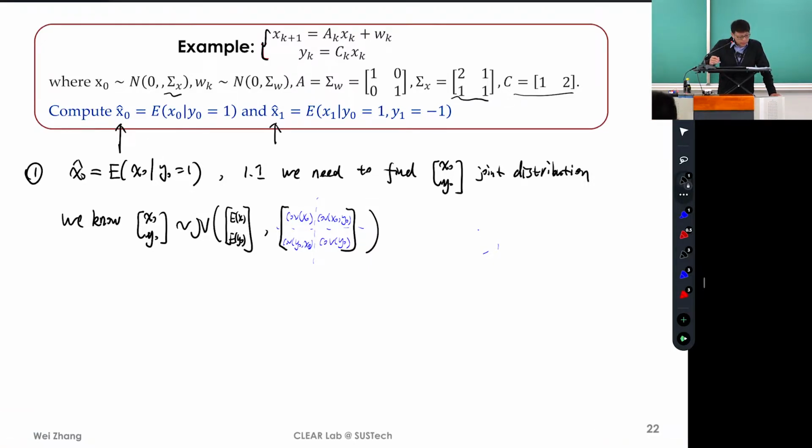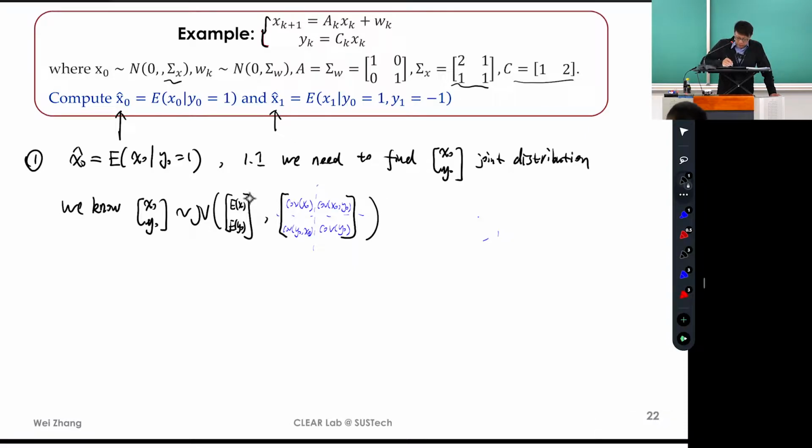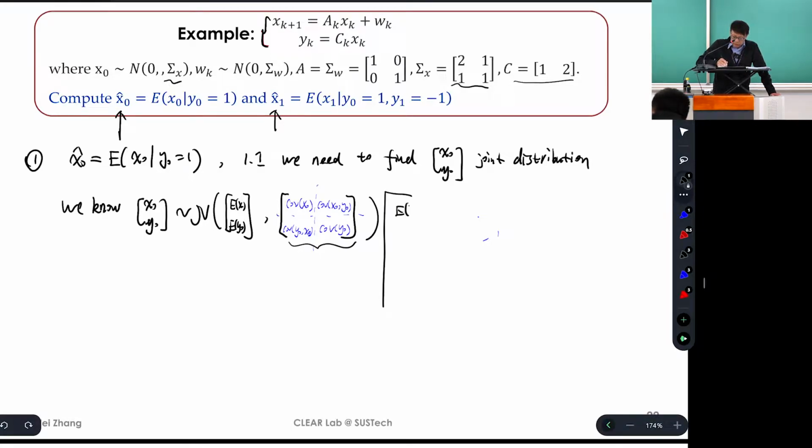Let's compute what we need for this joint distribution. Since it's Gaussian, we need its mean and covariance. Let's do it one by one. EX0 is given as 0. The dimension of X is 2, so it's 0 and 0; you have to make sure the vector dimension is right.